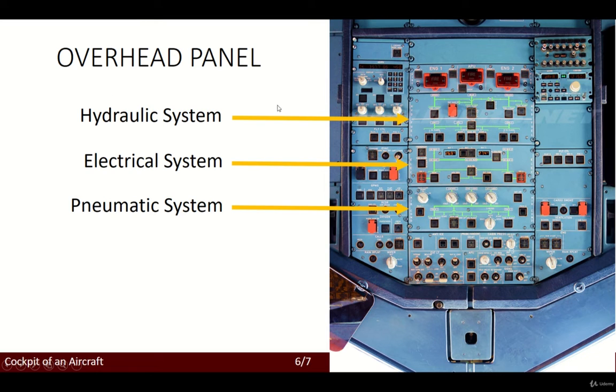So on the overhead panel, the pilot needs to look up, right, to identify all of this information. This is information which is not that necessary to get quickly when flying, but rather is information that is, of course, essential for flight, but that the pilot can move up his or her eyes, right, in order to identify.